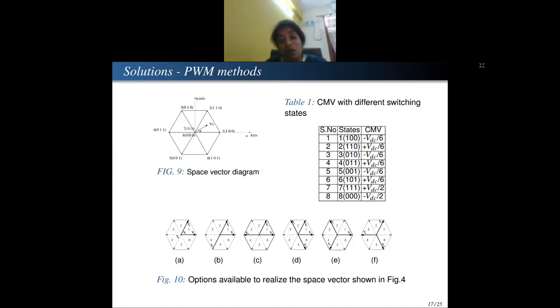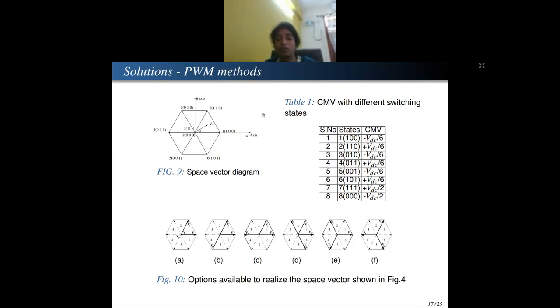But how does it help? It will help to adjust the length of this vector. So we look at these 8 states only, and we will use them to realize our sinusoidal source using the converter.